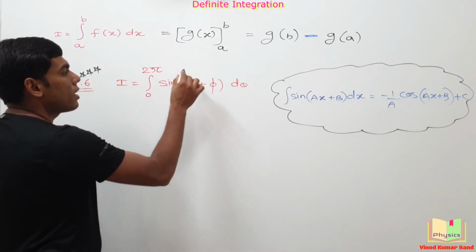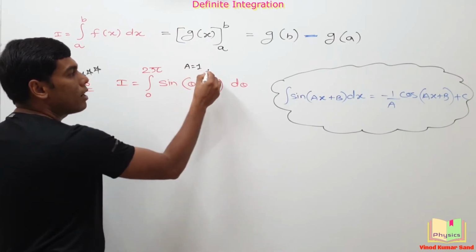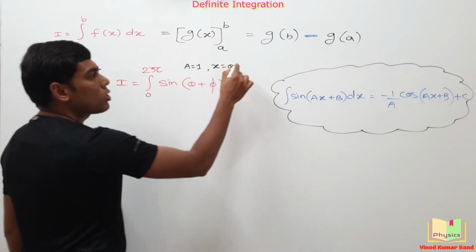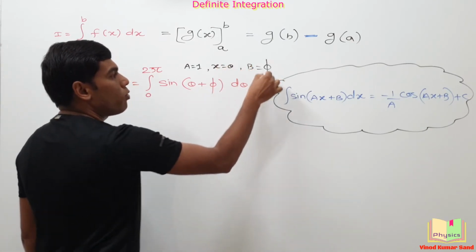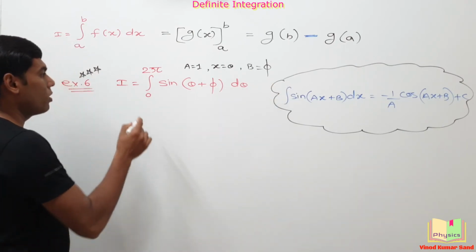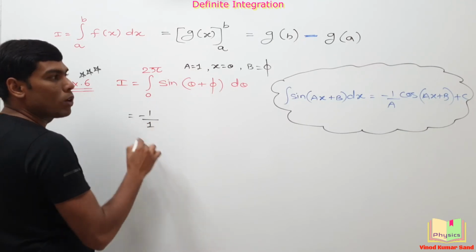Here the a will be equal to 1. A is 1. At the location of x you have theta, and at the location of b you have phi. Okay, with the comparison? Now I am putting up the answers. Minus 1 by a is 1.